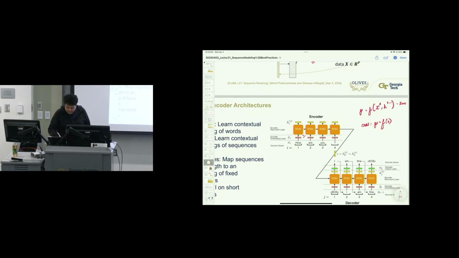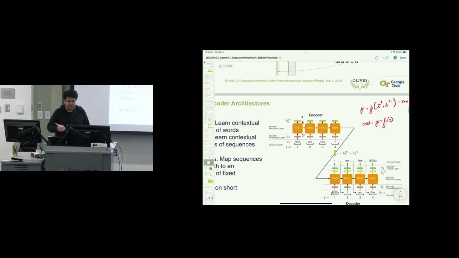So given a certain h of t, it is constructing its output. So this is going to be y of t, this is going to be y of t plus 1, y of t plus 2, and so on. At every single instance, there is going to be a certain output from your cells. In this case, it's an RNN cell, but you can think of it as an LSTM layer or an LSTM cell as well.